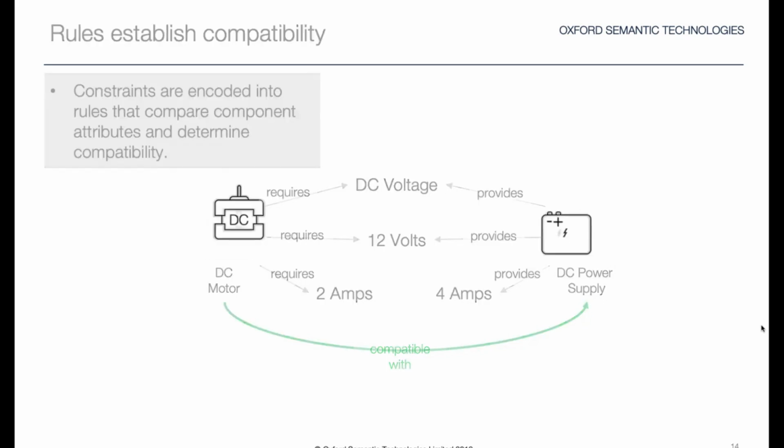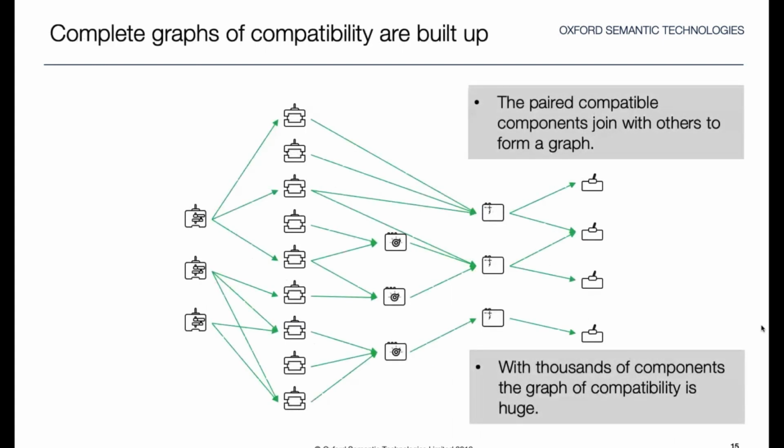Okay, with these compatible relationships, we can then think about a bigger picture of many different components with different requirements, different provision, and how that then draws out against a graph. And here I'm just showing an illustration of a subset of an overall graph. We see lines that you could follow between a gear, a motor, a power supply, and a switch, or in some cases where you've just got a motor, power supply, and a switch.